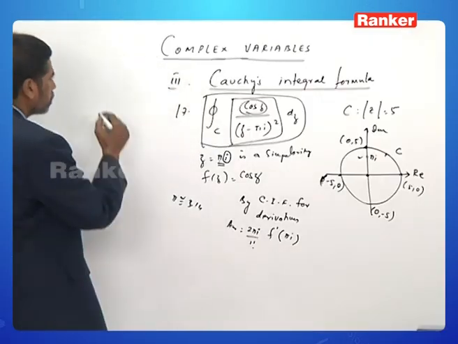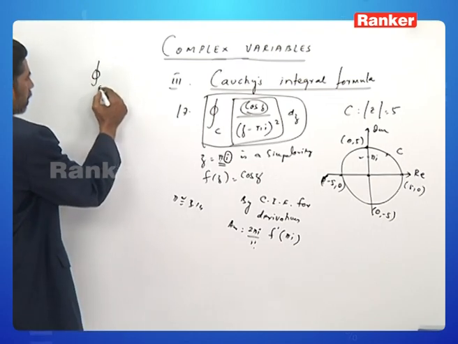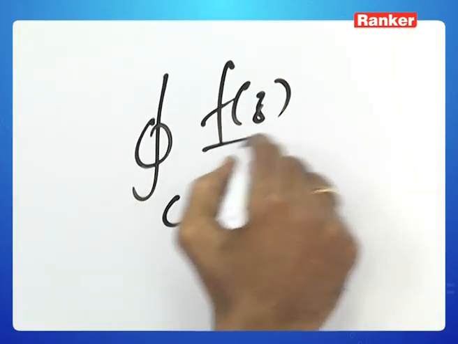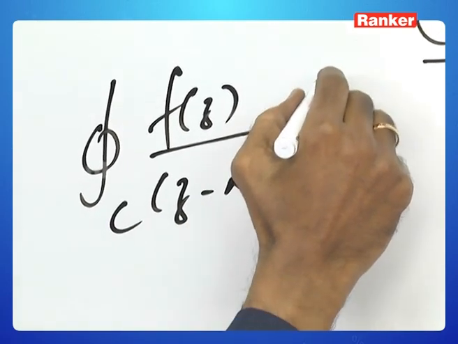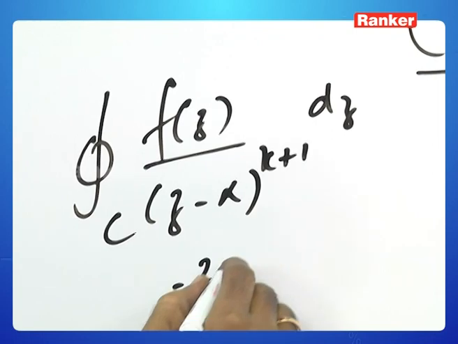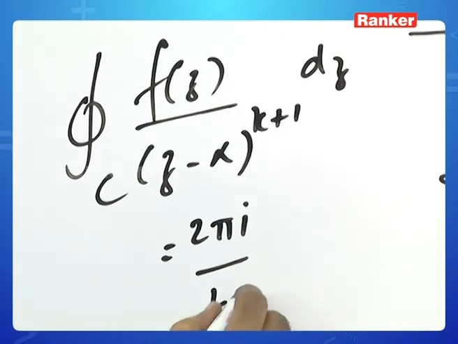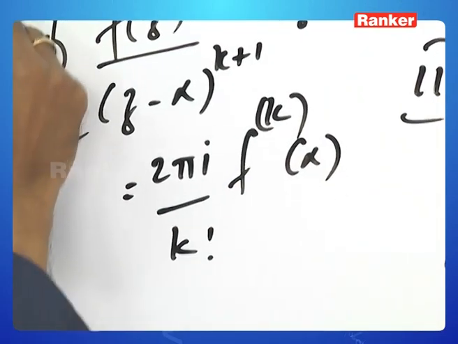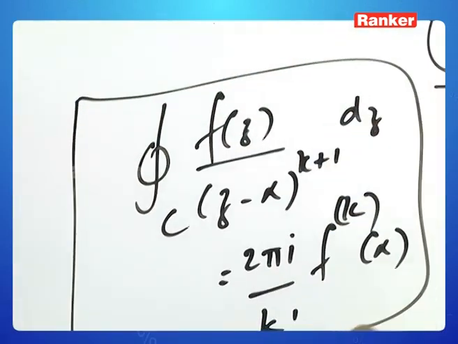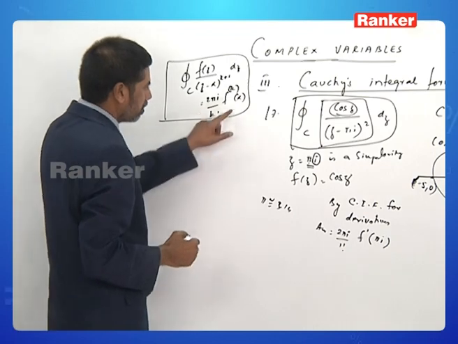Remember, the rule is integral over c f of z by z minus alpha to the power of k plus 1 is 2 pi I by k factorial kth derivative of the numerator function at the singularity alpha.